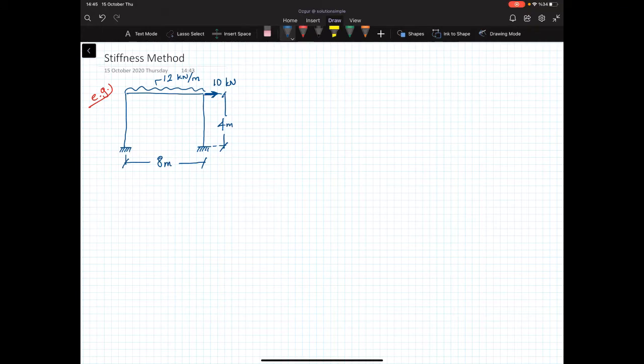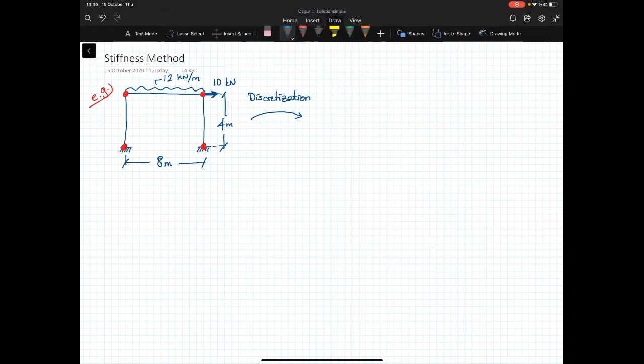Now the first step is we no longer work on the whole structure, we do discretization. Wherever we see a discontinuity, we have to add a nodal point. So if I show the nodal points on the structure, these are the nodal points. Remember that these are our solution points in this structure.